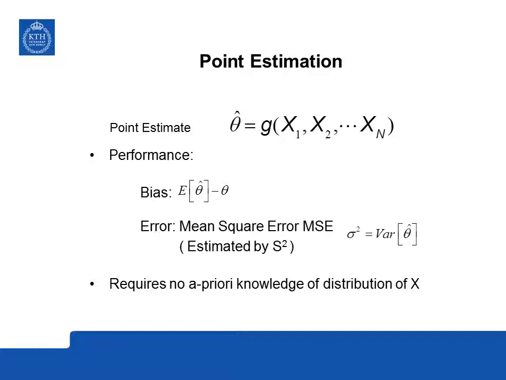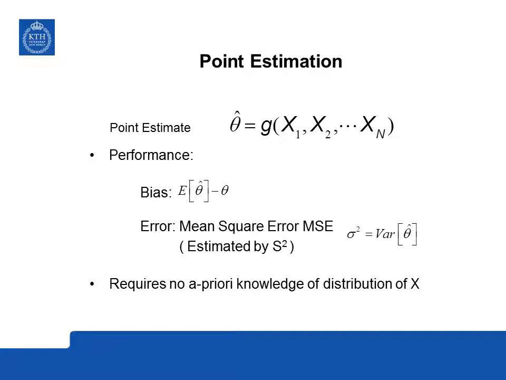And if this expectation of theta hat is actually equal to theta, then the bias will be 0, and we talk about an unbiased estimator. The other type of performance measure is the error or the mean square error of this estimator, and this is basically the variance of theta hat and how big is the spread around this actual value theta.